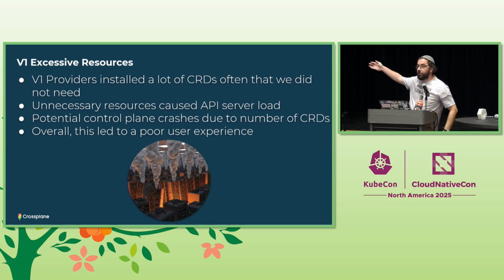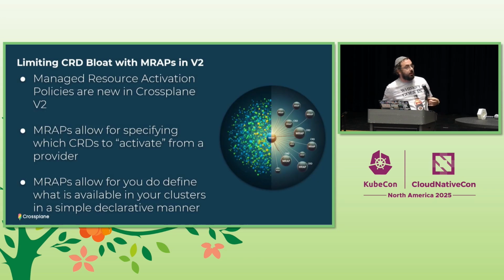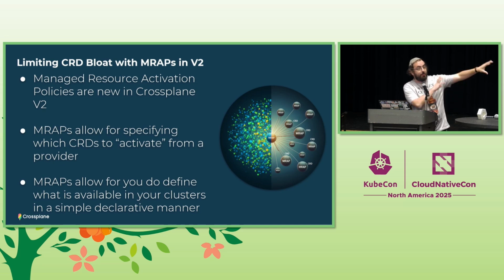This was solved initially by breaking up the providers into family providers. But what ended up happening, and this is the real power now in Crossplane v2, is we have this idea of limiting the CRD bloat by having what we call MRAPs, or Managed Resource Activation Policies, which allow us to say, hey, while I'm installing this provider, I only need access to these 3 CRDs from this provider, which has 50 CRDs.